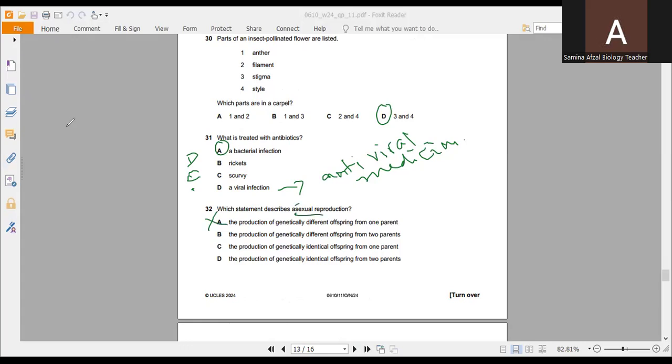The production of genetically different offspring from two parents, no, a single parent is required. There is no need of fusion of male and female gametes. The production of genetically identical offspring from one parent, yes, C is the correct option. The production of genetically identical offspring from two parents, again, two parents are not required. During asexual reproduction, only a single parent is able to reproduce the genetically identical offspring.